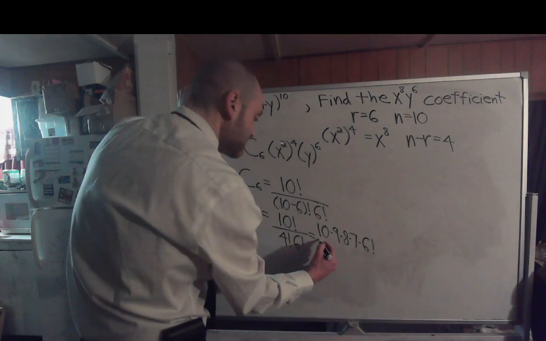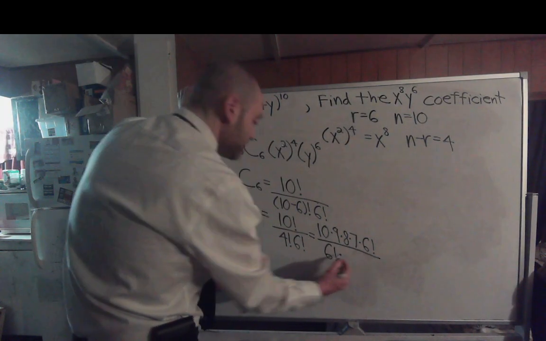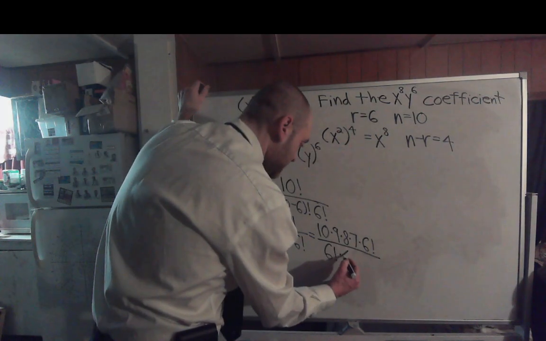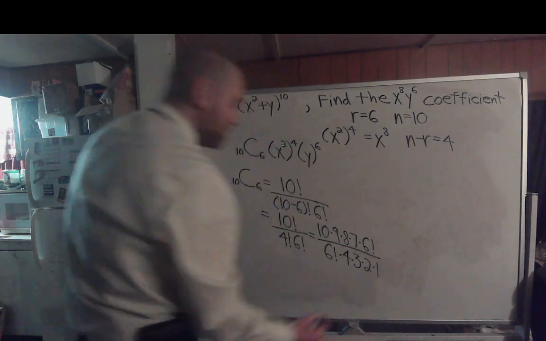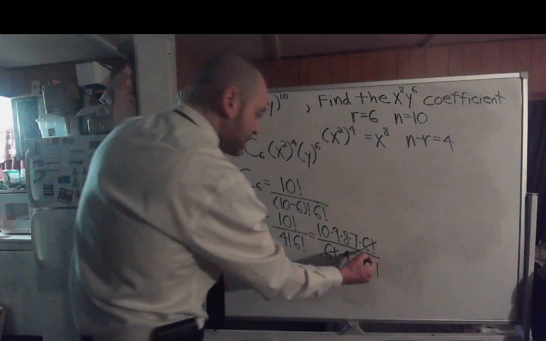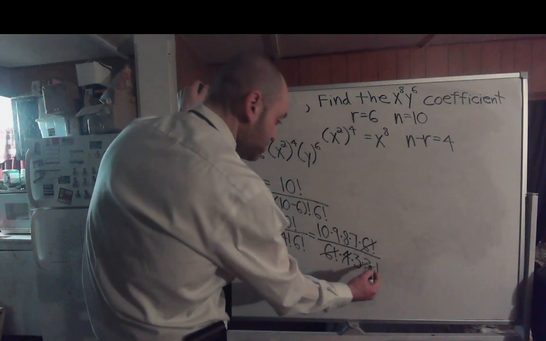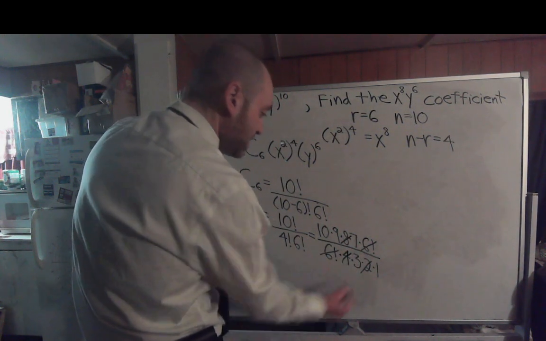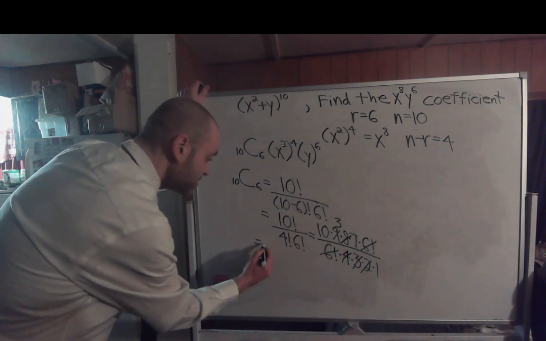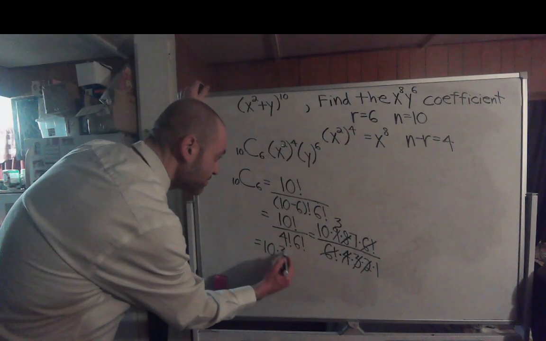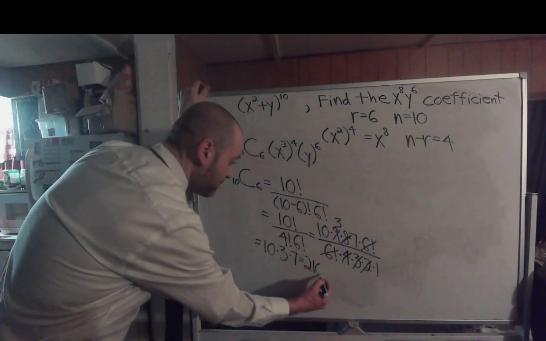We can stop at 6 factorial divided by the 6 factorial. Now let's expand 4 factorial. That'd be times 4 times 3 times 2 times 1. Well, your 6 factorials will cancel out. 4 and 2 both go into 8. Those are gone. 3 goes into 9 3 times.